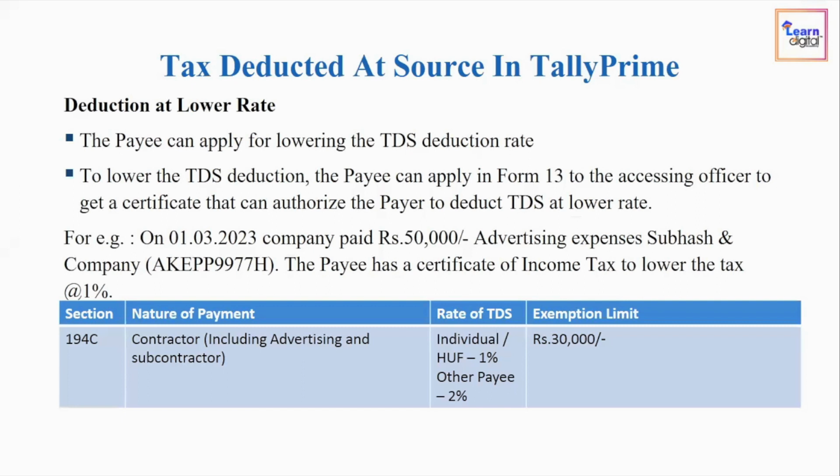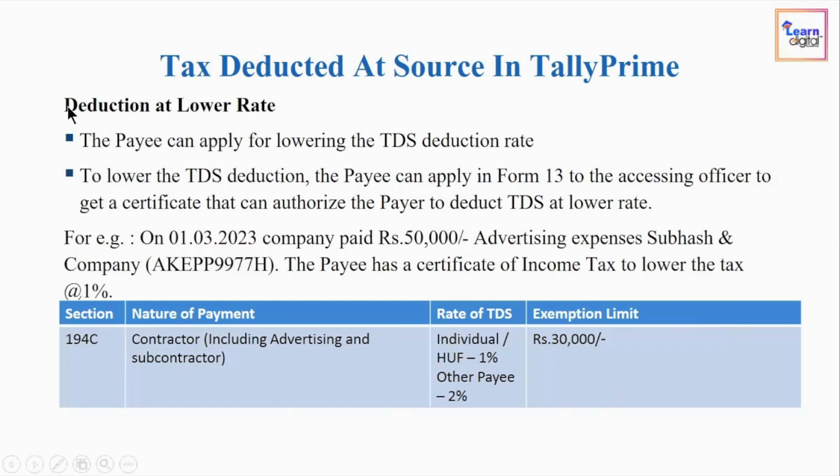And for this, a special form needs to be filled up and applied to the income tax department so that the deductor can deduct only 1% TDS. The amount gets deducted at only 1% on the total expenses.